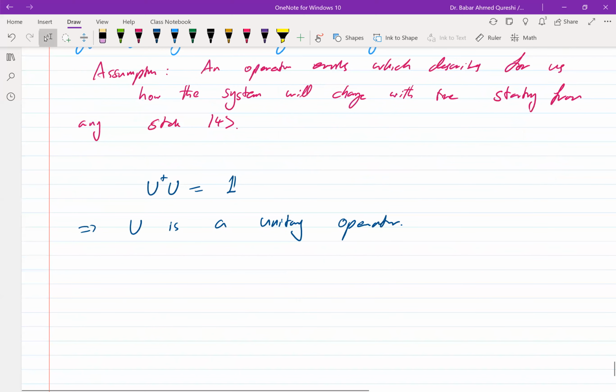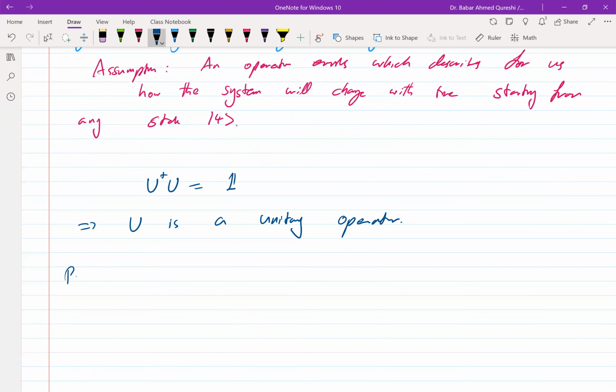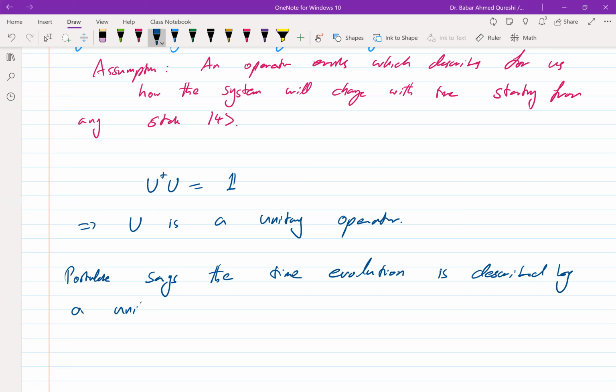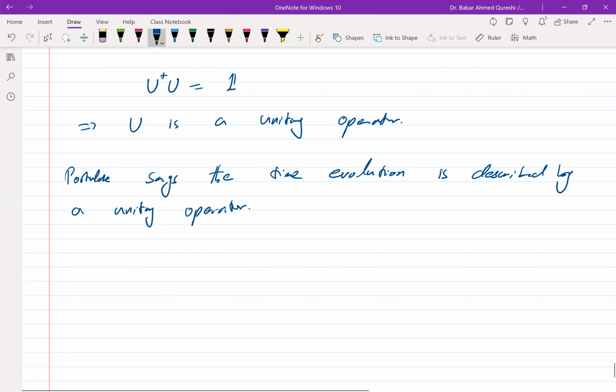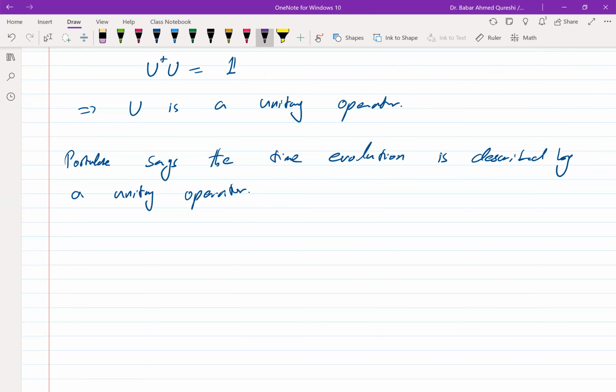So you can call this a postulate. Postulate says the time evolution is described by a unitary operator. And this operator has a parameter.